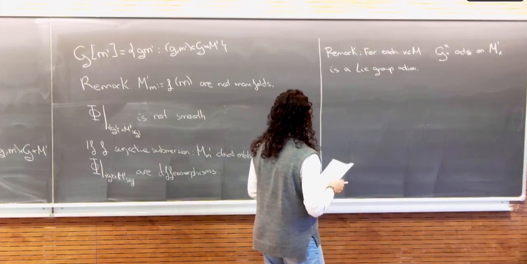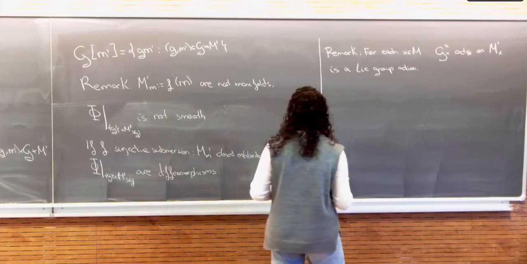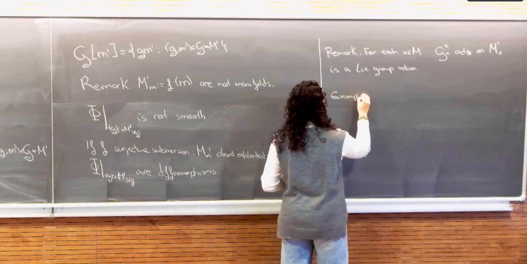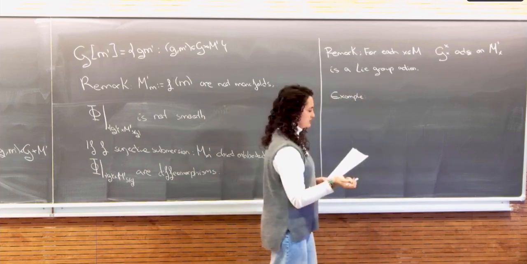So now some examples of this, so we can understand it. The first one is the trivial action.